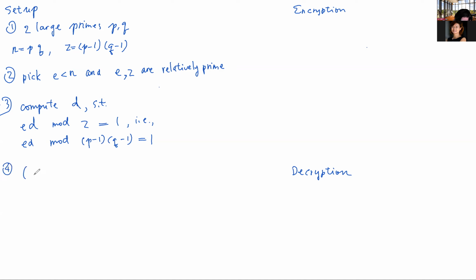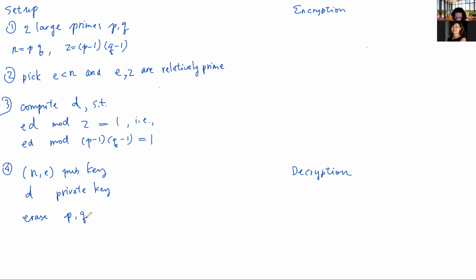N and E are the public key, which you can reveal. D is the private key. And sometimes people say D and N are the private key. And it's very important you get rid of P and Q, because otherwise with P and Q, you'll be able to figure out the value of D. RSA is based on the difficulty of factorization, finding the factors of a number.